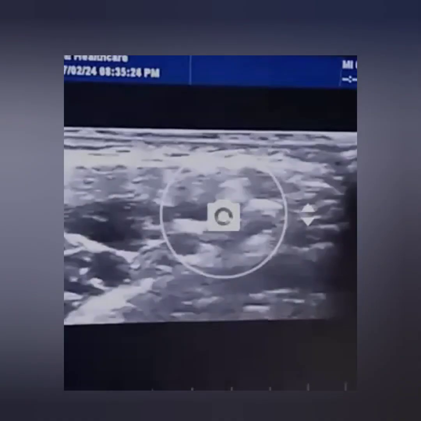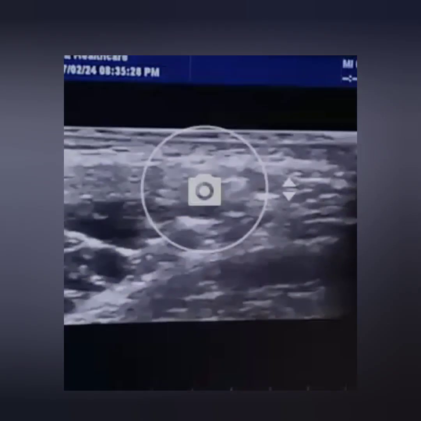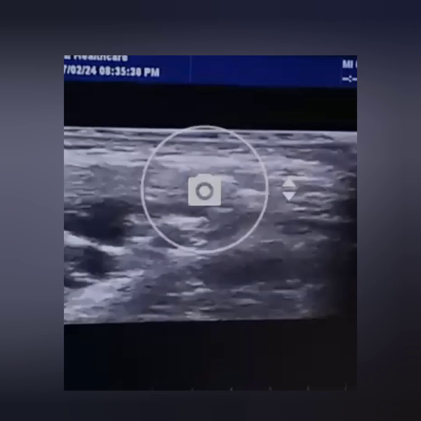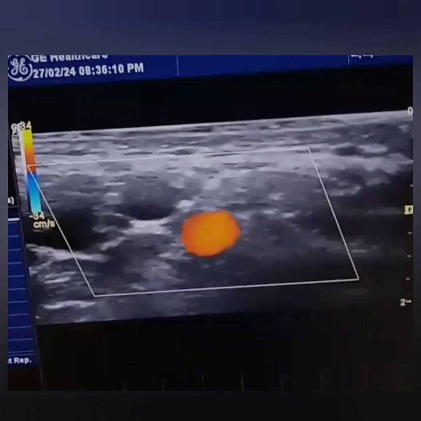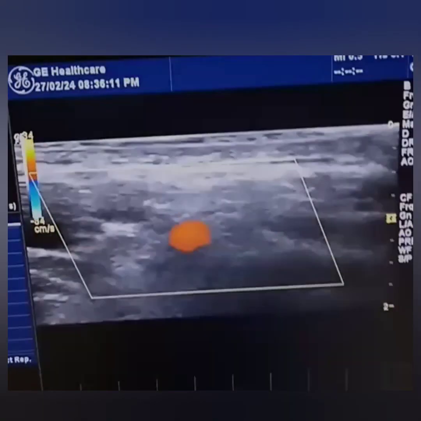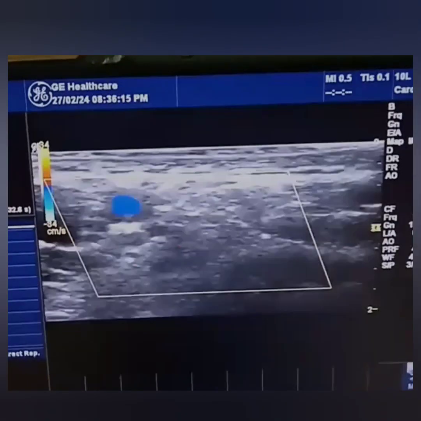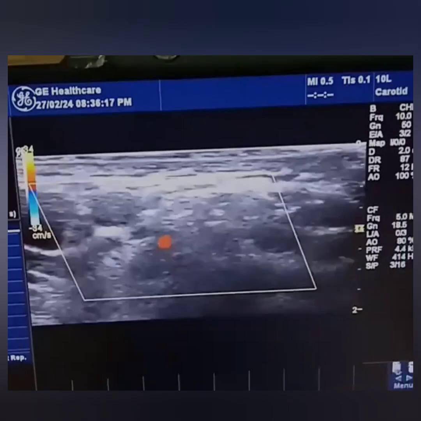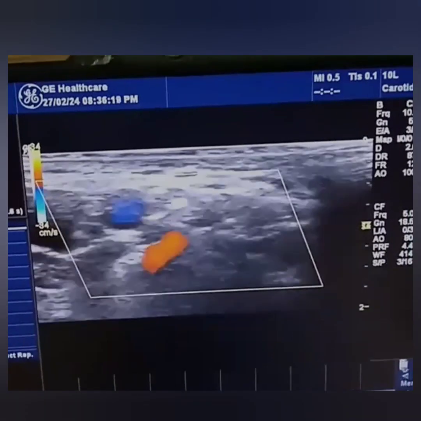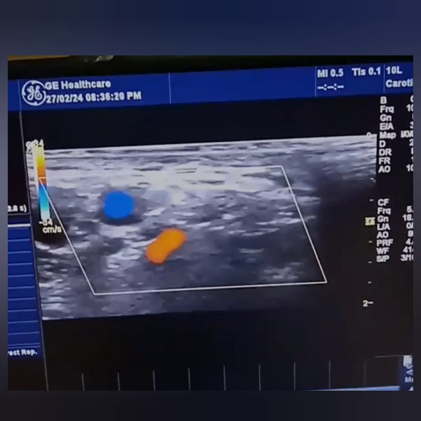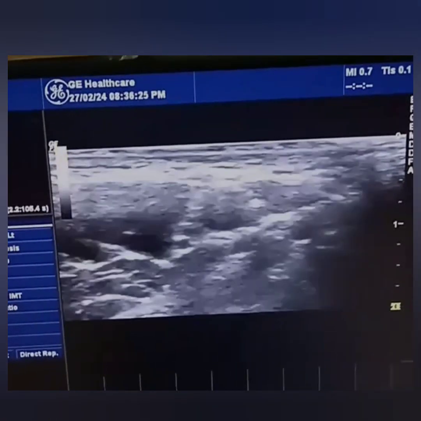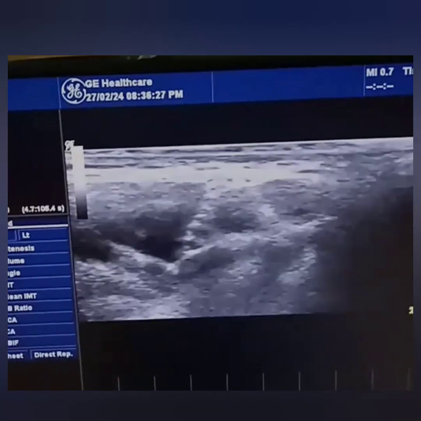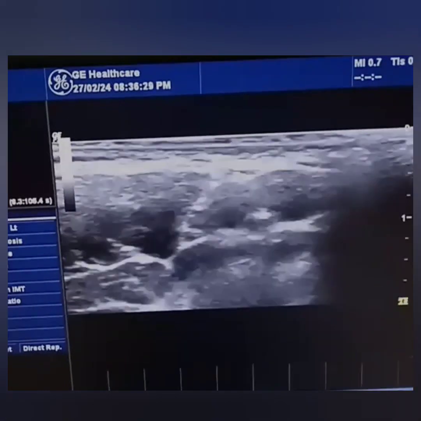What I'll do now, I will add color flow to it to confirm it. The red that you see, and the blue spot that you see, this is the axillary artery. I'm compressing it and it's not getting compressed, and it's round. See, now I'm removing the color flow. The axillary vein is another big round structure, hollow, dark, that gets compressed and vanishes.